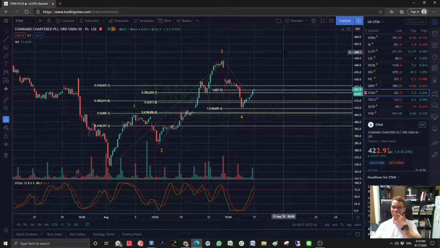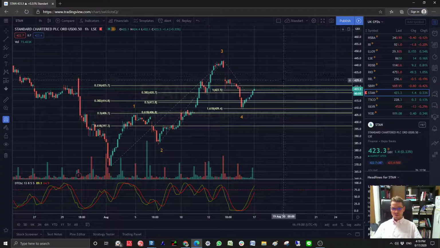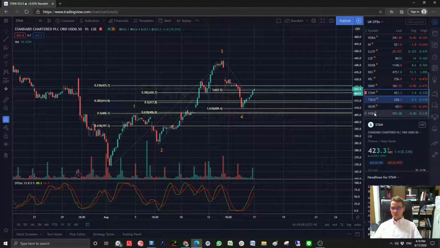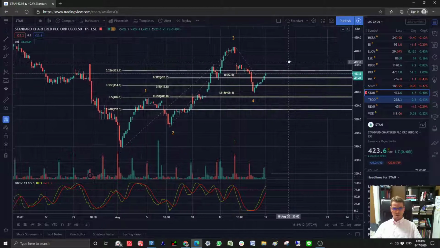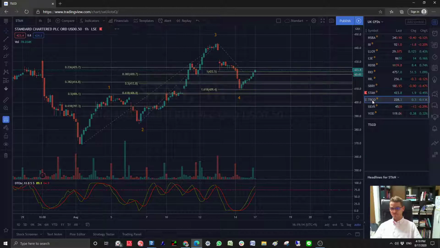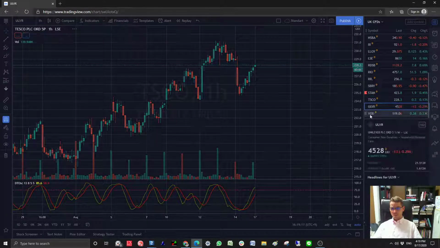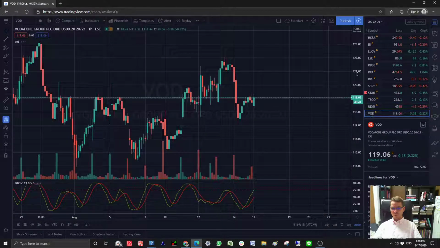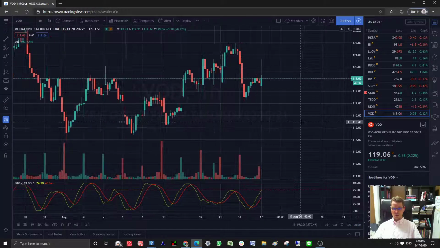Of course it's not 100%, it could move in a 7 or 9 wave towards the upside, but usually a correction follows, so I would trade on that assumption. Okay, so this is Standard Chartered. I think this is a bank in the UK, so that would have been a nice opportunity, right?